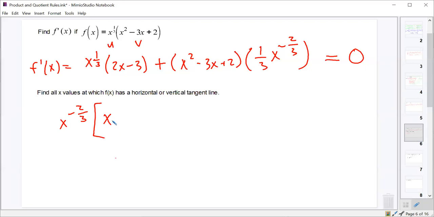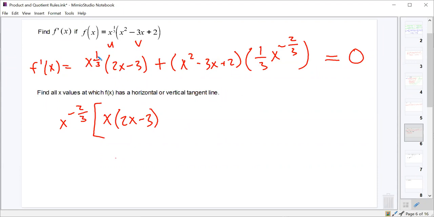It needs to just become x to the first times 2x minus 3. So remember, if you were to redistribute this back out, x to the negative 2/3 times x to the first, you should add the exponents. Negative 2/3 plus 1 should give you the 1/3. Does that make sense to everybody or no?